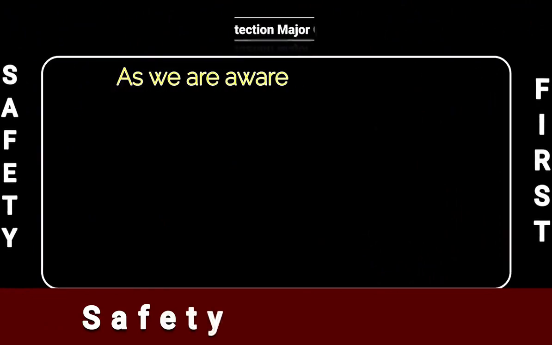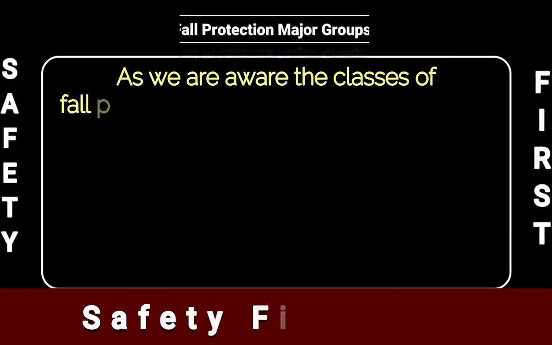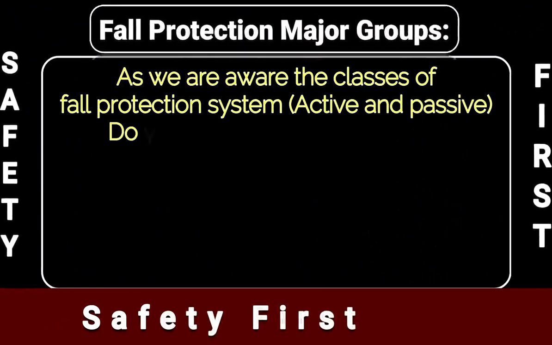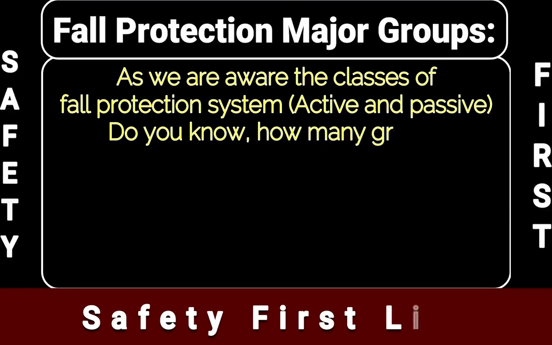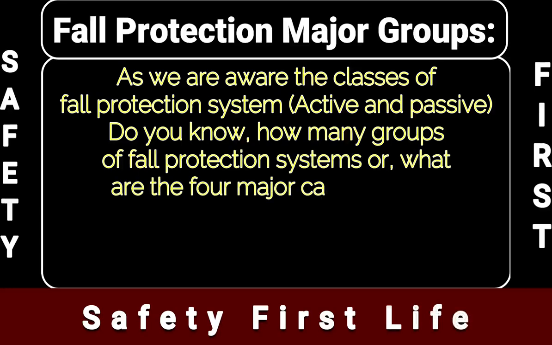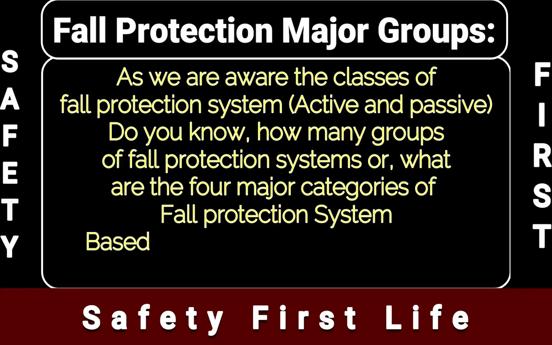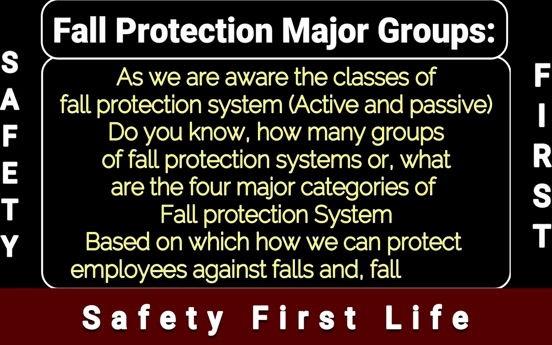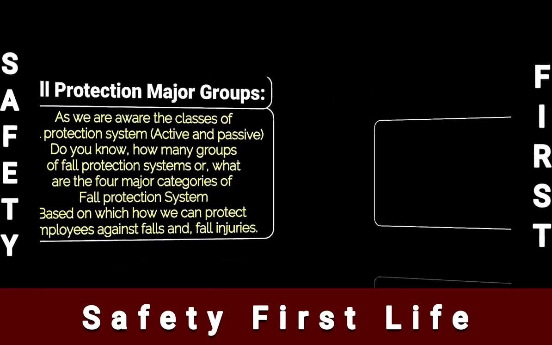Dear friends and fellows, as we are aware of the classified active and passive fall protection systems, do you know how many groups of fall protection systems there are? What are the major four categories of fall protection system, based on which we can protect employees against falls and falling injuries?